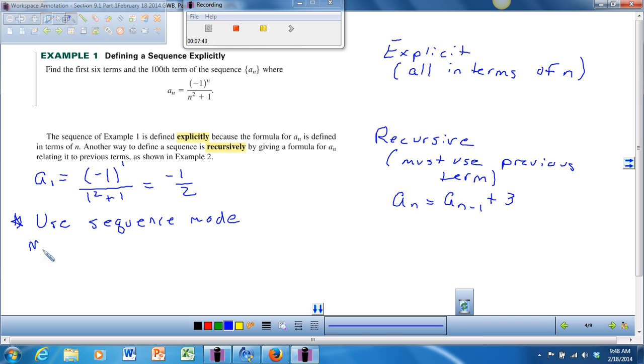You want to change your mode, to where it says functional, polar, parametric. Change that over to SEQ. And you want to change from connected to dot. That's mode, not made.